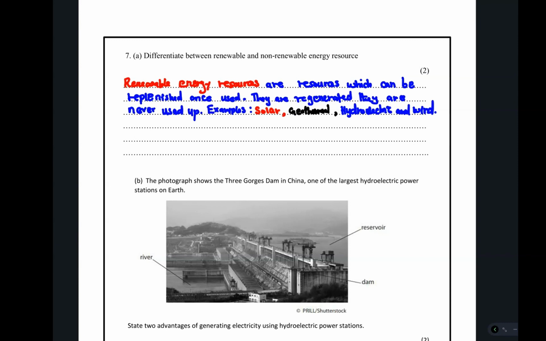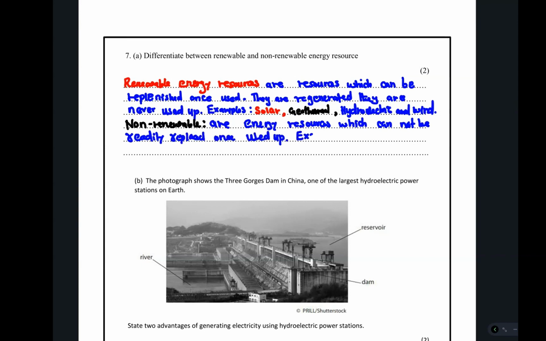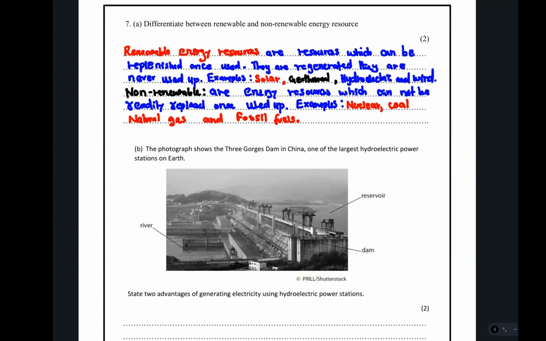Now we can have a talk of non-renewable energy resources, which are type of resources which cannot be readily replaced once used up. Once you use them, it takes a longer period of time to replace them, or you cannot even replace them. Examples include nuclear energy, coal, we talk of natural gas, we talk of fossil fuels, and many others.